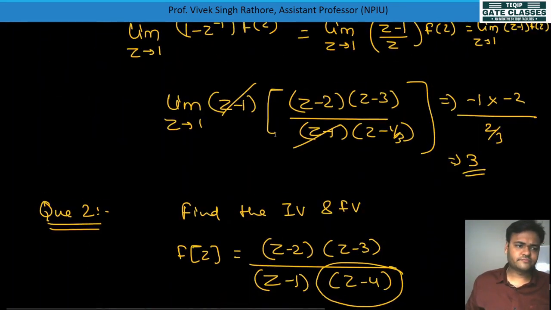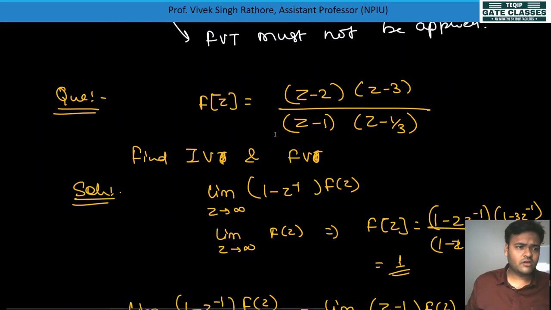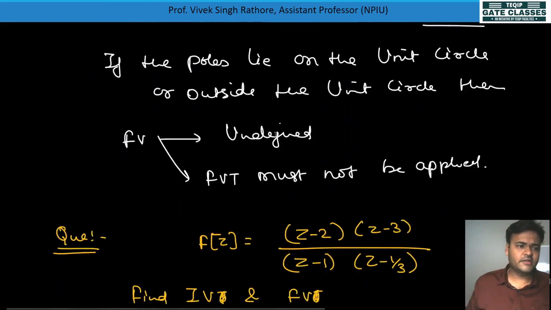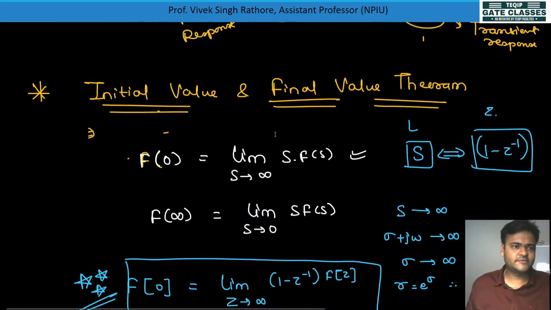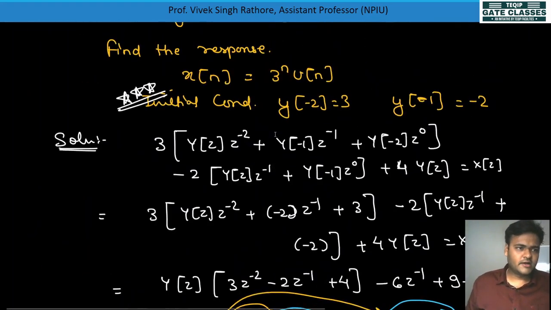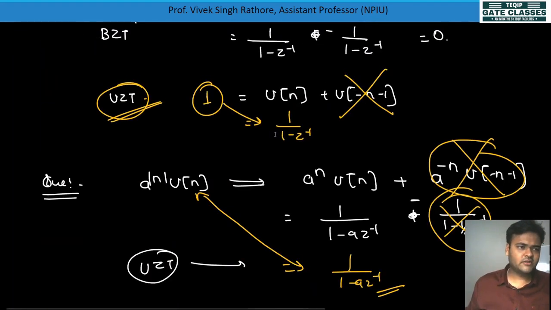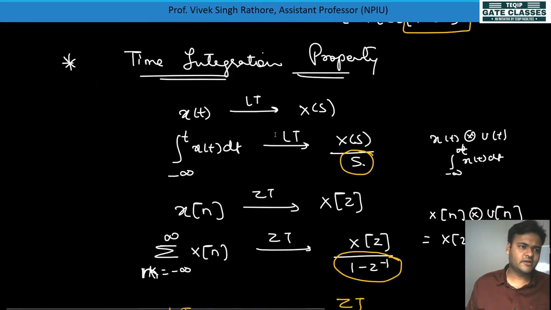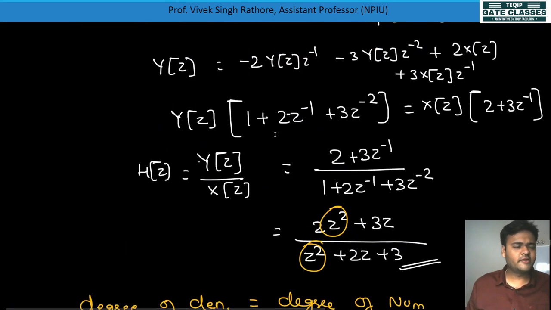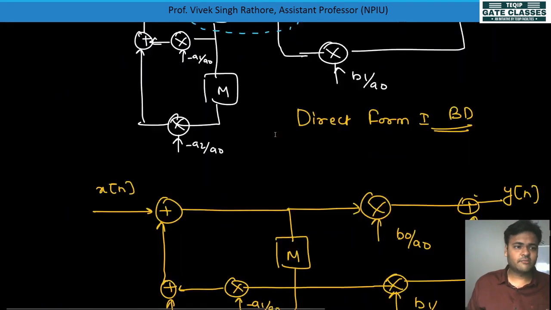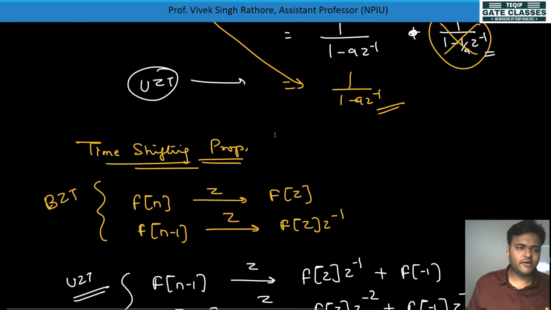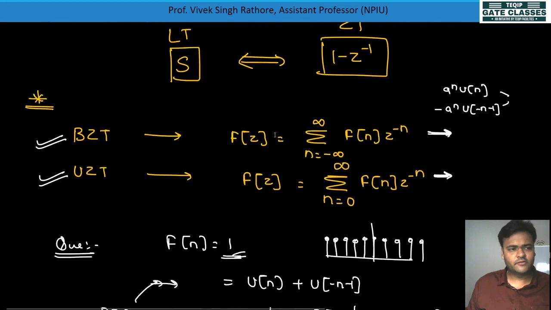See, these were all the conditions for the initial value and final value theorem, and here comes the end of Z transform. So in the fourth lecture I have almost completed every property and the standard Z transforms for standard signals, what block diagrams are, how we'll plot them, and then the initial value and final value theorem.